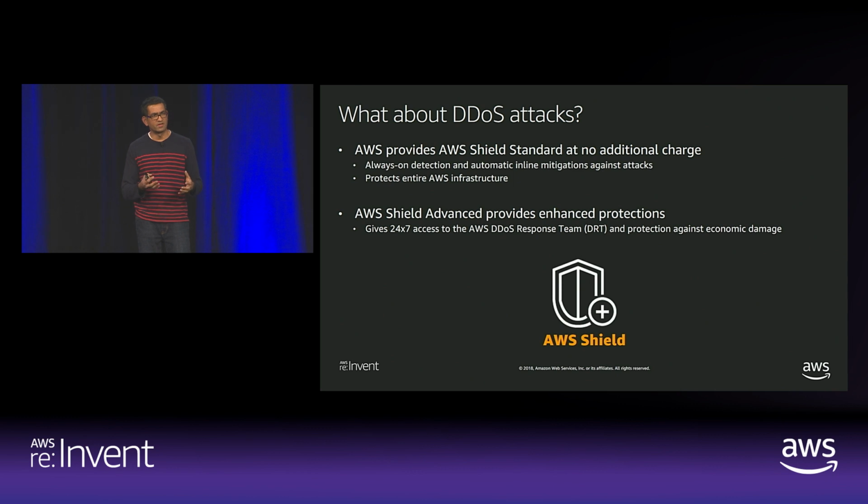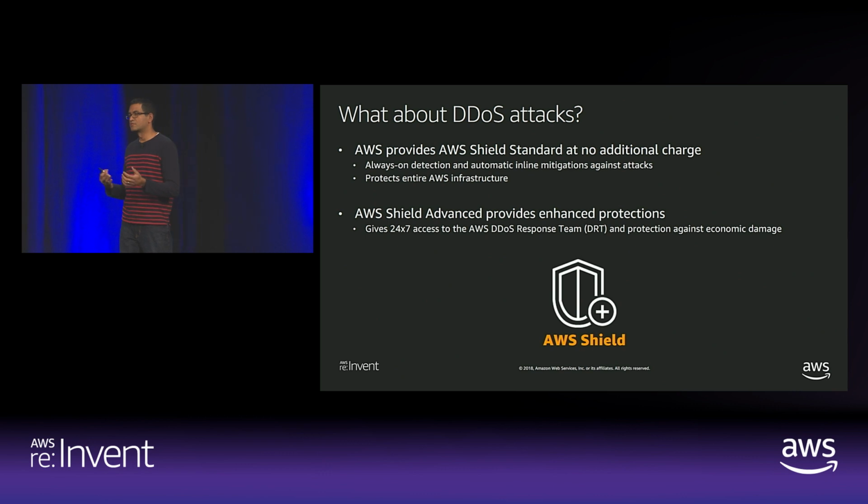Shield comes in 2 different tiers. There is Shield Standard and Shield Advanced. Shield Standard is available to all AWS customers at no additional cost. And Shield Standard gives you protection against the most common and frequently occurring network and transport layer attacks.